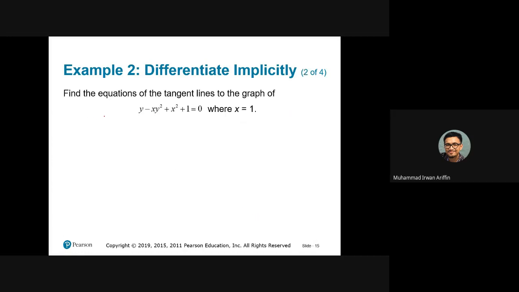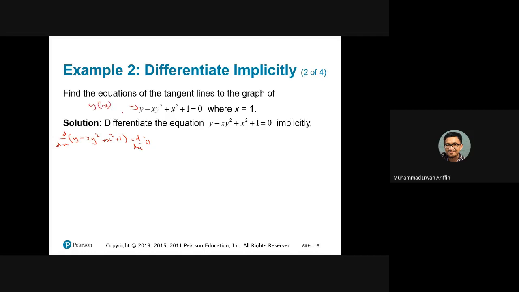Next step. We want to differentiate this equation implicitly. So let's try to do this together. We simply differentiate both sides with respect to x. Don't forget, all these y's are functions of x. This is a function of x, this is a function of x.